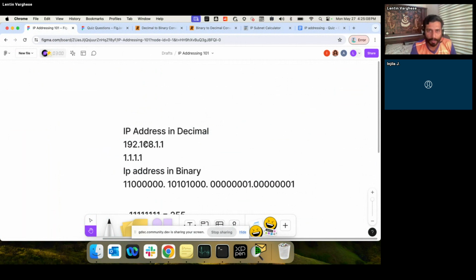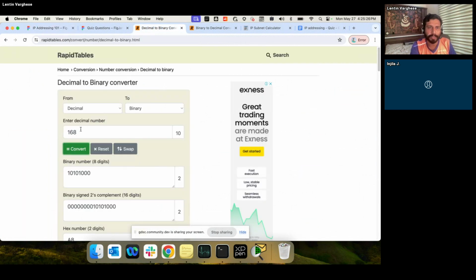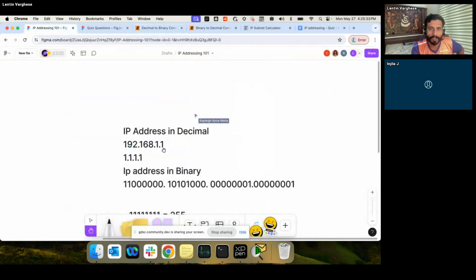So the same IP address, 192.168.1.1, when converted to binary, would look like this. I'm sure most of you know about binary, but essentially it's just a different numbering system. For example, 192 in decimal, if I convert to binary, I would see something like this. And that's what I have mentioned here in the binary section.